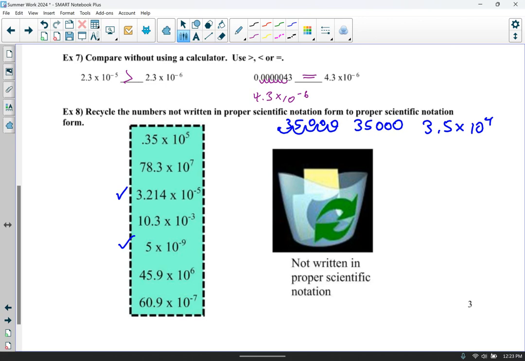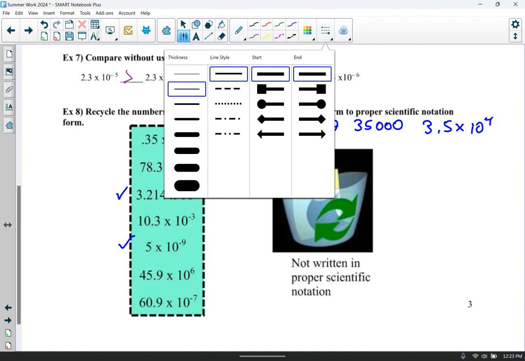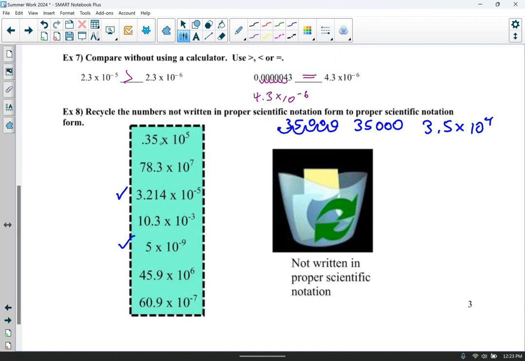So what we do is we use our idea of shifting our powers of 10, because all it is we're trading powers of 10 back and forth from the exponent part to the decimal part. And that's what we're going to look at here. Okay, so to fix 0.35 times 10 to the fifth, I would need to move that decimal point 1 space to the right. That's like I'm multiplying by 1 power of 10.